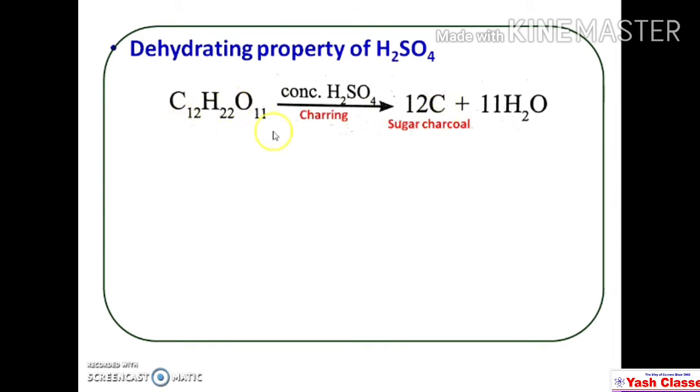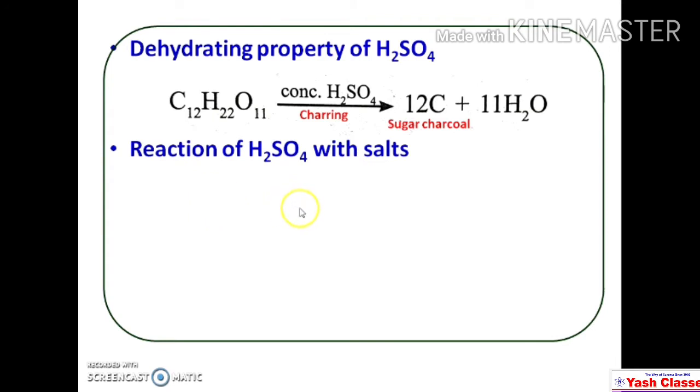From sugar, water is taken out, 11 water molecules are removed by this sulfuric acid, and this sugar gets converted into sugar charcoal. So this reaction proves that sulfuric acid acts as a dehydrating agent.